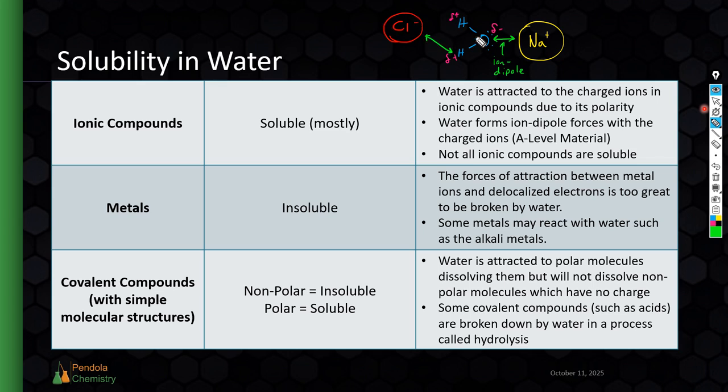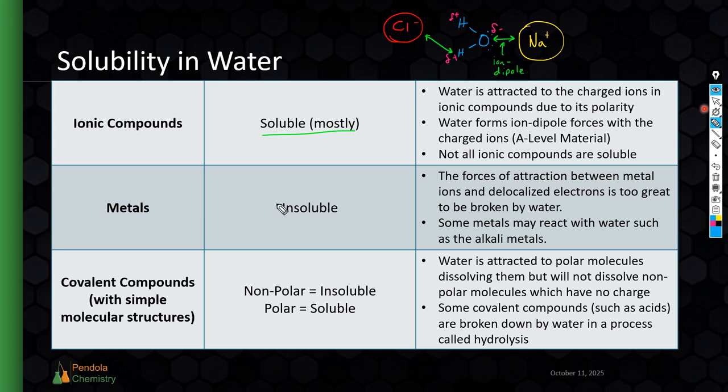So because water molecules attract chloride ions, or negative ions, to their hydrogen, and they attract positive ions to their oxygen, forming these ion dipole forces, they are mostly soluble. Now, why mostly? There are certain compounds that are not soluble, and you should remember them from the solubility rules that we learn in honors chemistry.